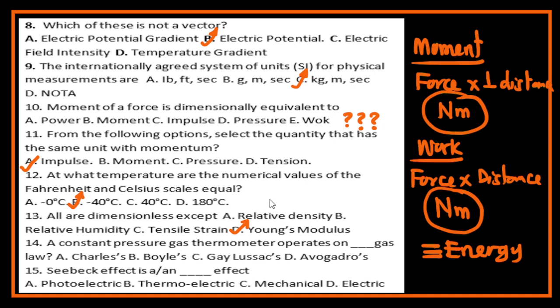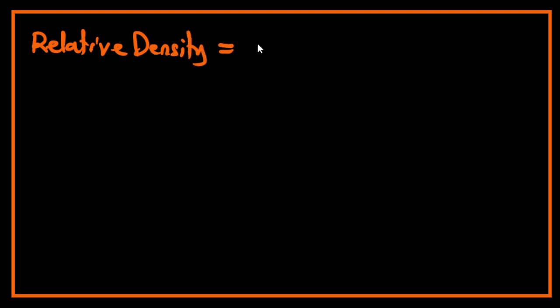Relative density, most time when you see information preceded with relative, when you have something like a relative density, in this case it's just you having density of a substance over density of another substance.